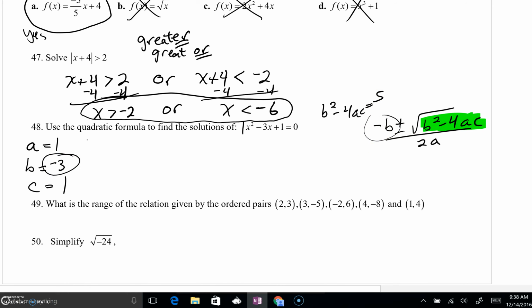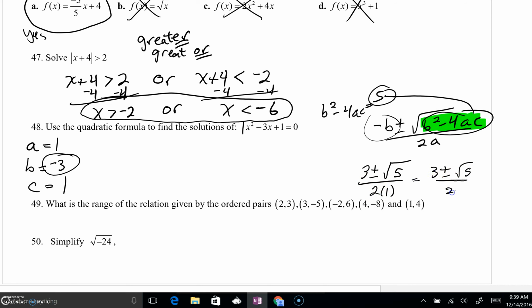Well, what's the opposite of negative 3? Negative 3 becomes a positive 3. The inside of this square root is simply the number 5. And down below, you just have 2 times 1. You're almost done. Yes, it's 3 plus or minus radical 5 all over 2.